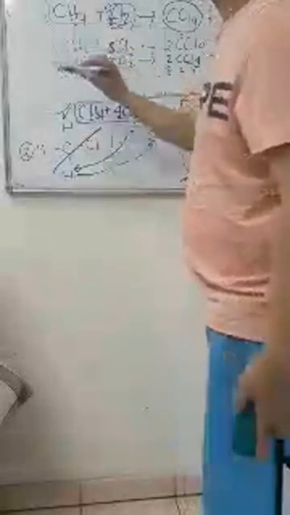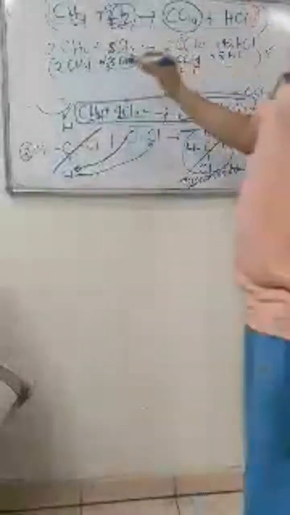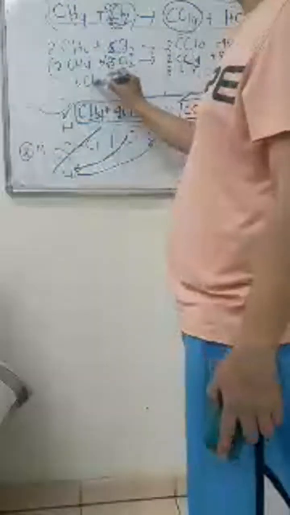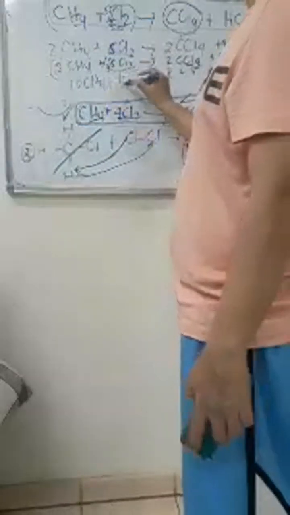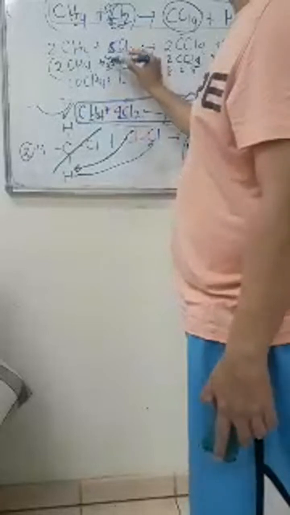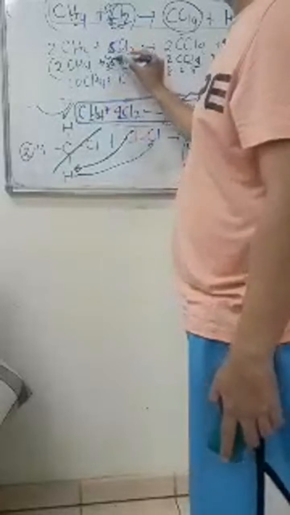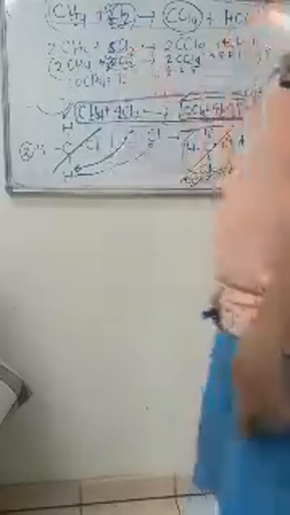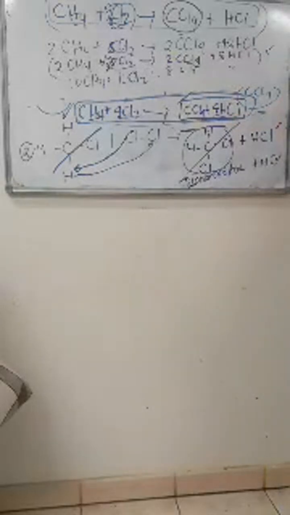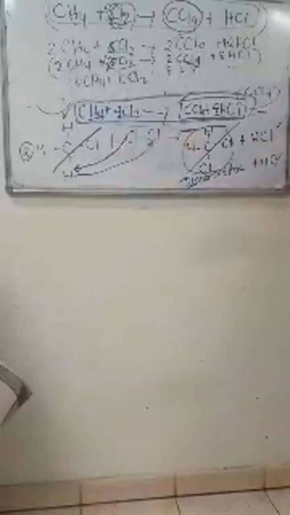So put the 16 over 5 here beside 5 moles. Then multiply the whole thing by 5. Cancel, it will become 10CH4. 16 over 5, the 5 cancels, 16Cl2. But we don't need to multiply this by 5, because here it is already cancelled by itself, the moles of Cl2.